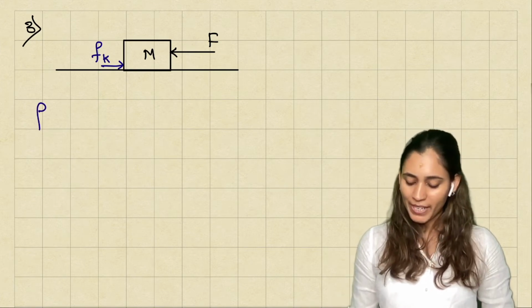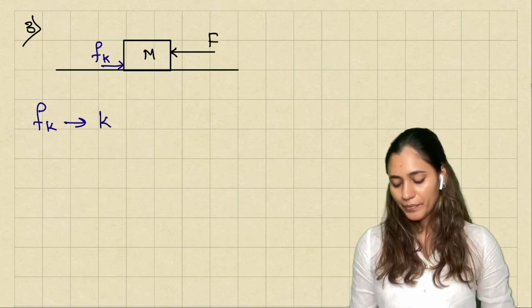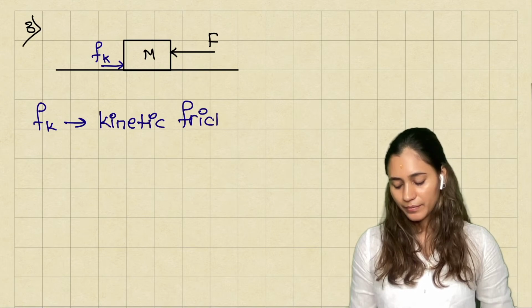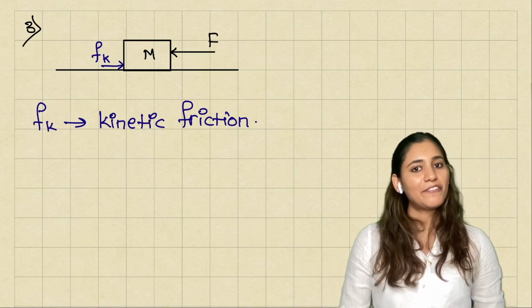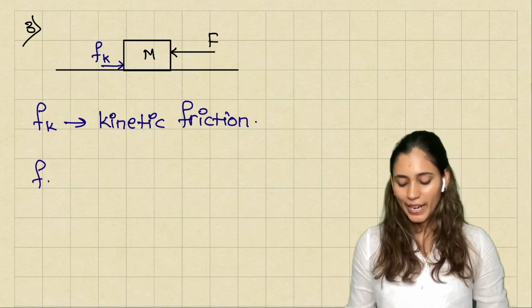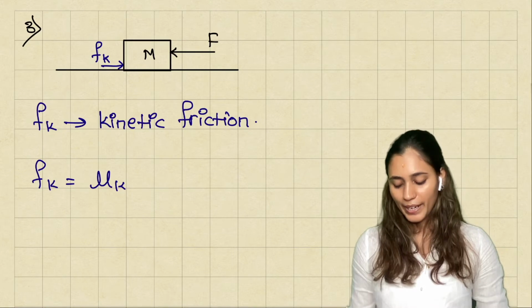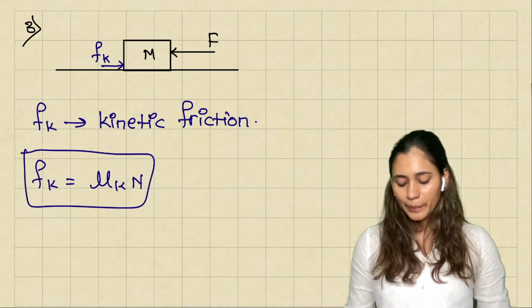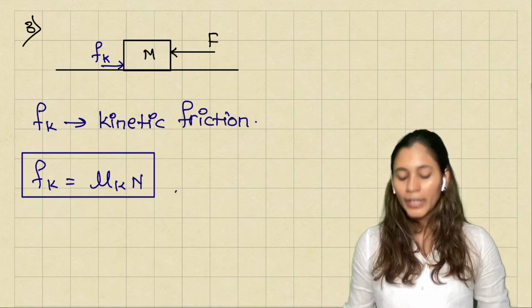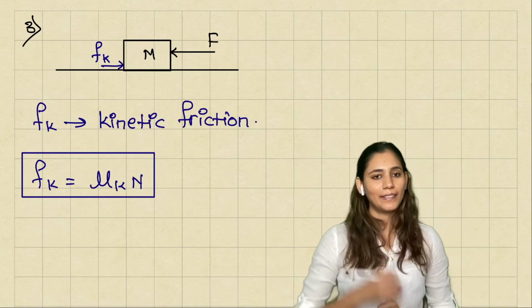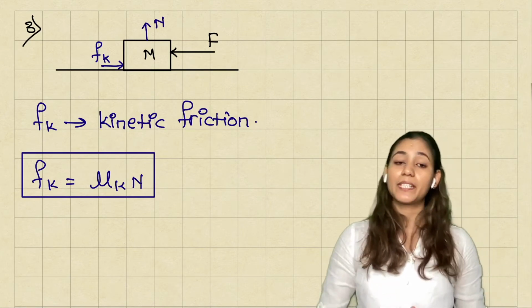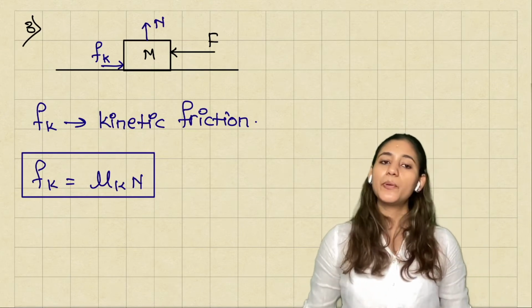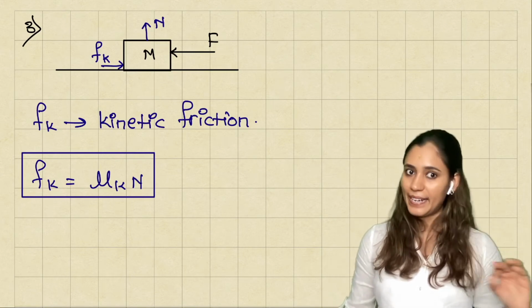Fk is the kinetic friction, and the maximum kinetic friction is given as mu k into N. It also depends upon the normal reaction applied on the object by the surface, and mu k is known as the coefficient of kinetic friction.